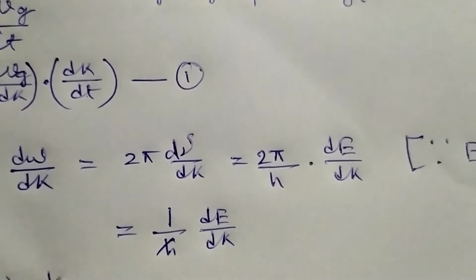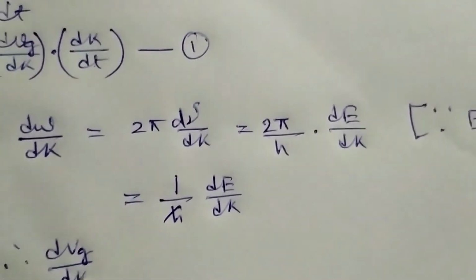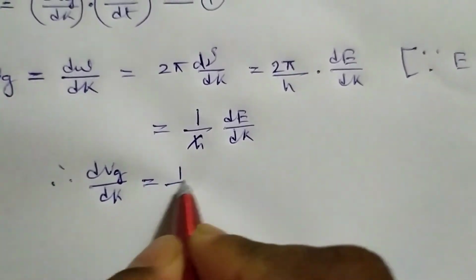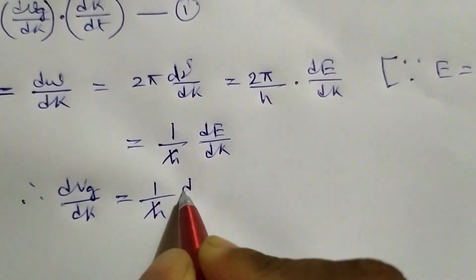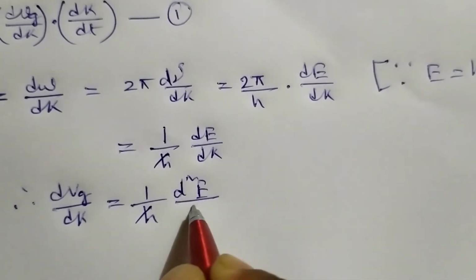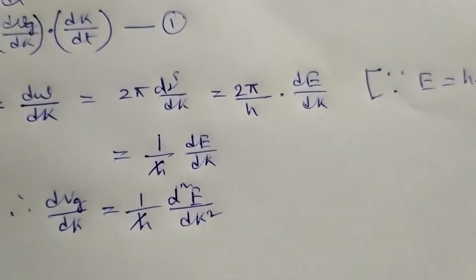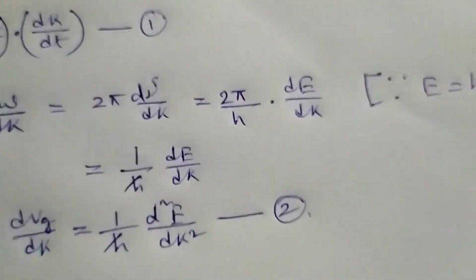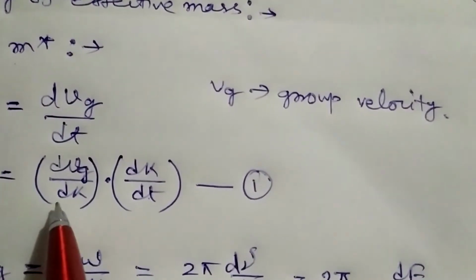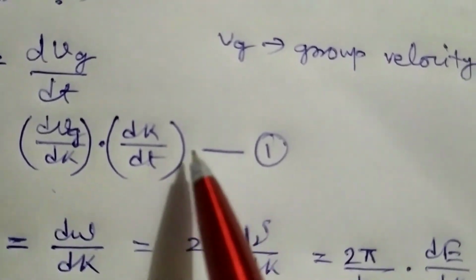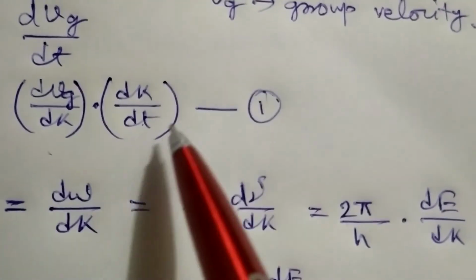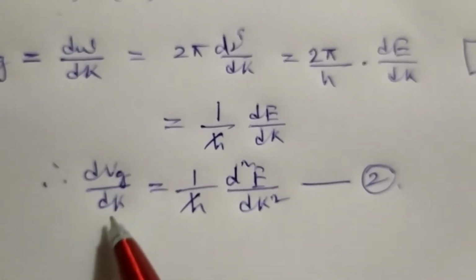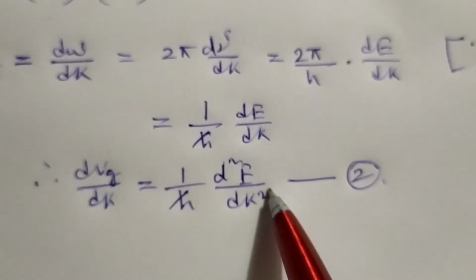Therefore we can write dVg/dk equal to 1 by h cut d2E/dk square. Give it number 2. So of the two terms we desired, dVg/dk and dk/dt, we have found the value of dVg/dk, which is this.